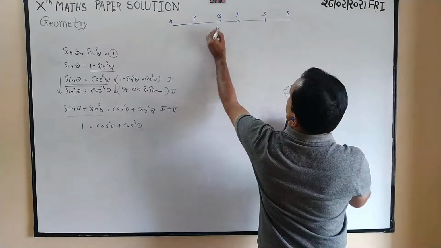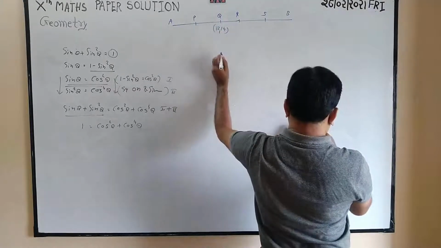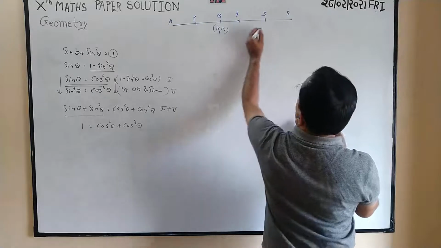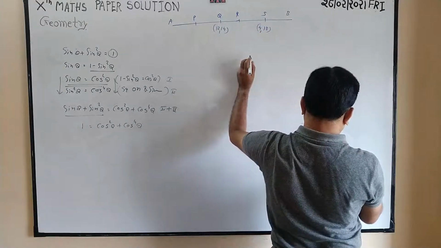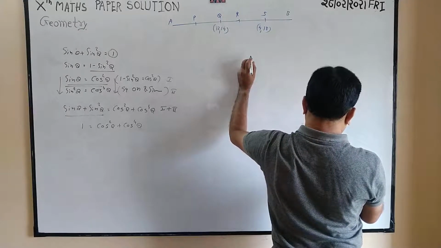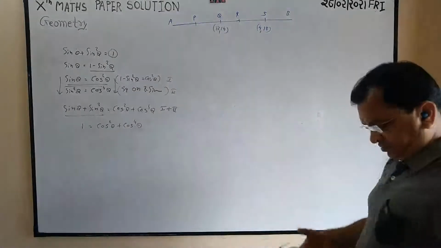Q is given as 12, 14. S is given as 4, 18. Only 2 points are given, rest of all we have to find out.